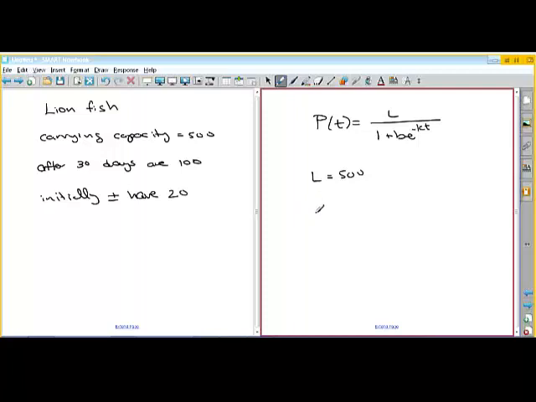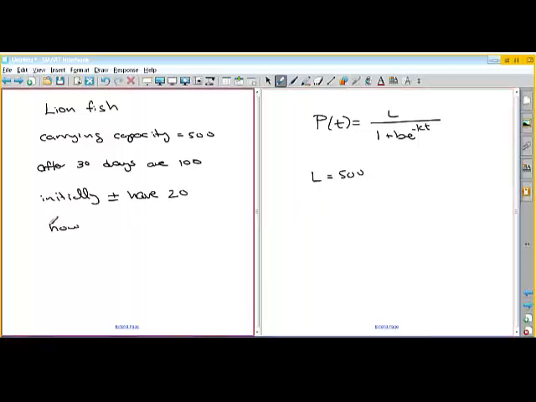We have to calculate B and K. And actually, the question is how many after, say, 15 days. So this is stuff I give you, and this is what you need to calculate, ultimately. So use the given stuff to calculate all these constants, and once you've got the constants calculated, then you can plug in t and get the answer.